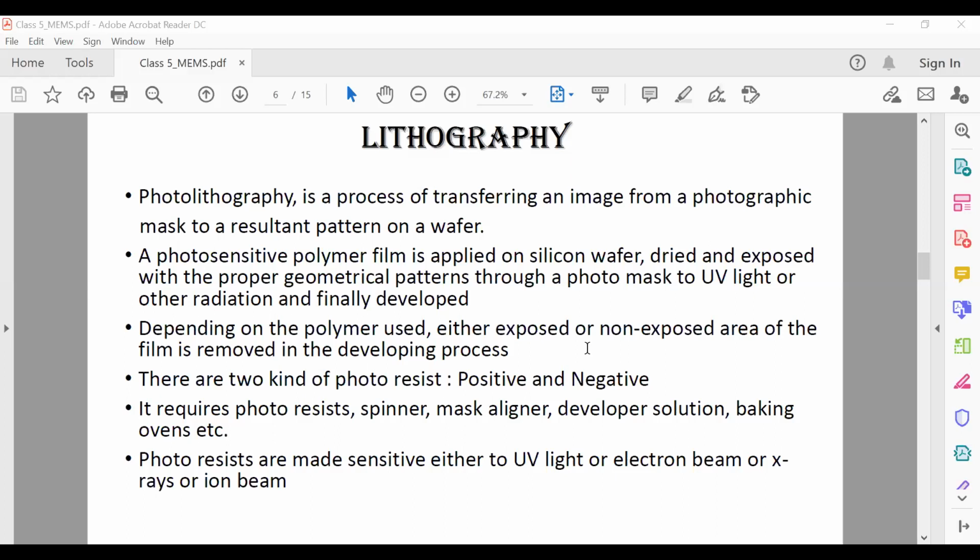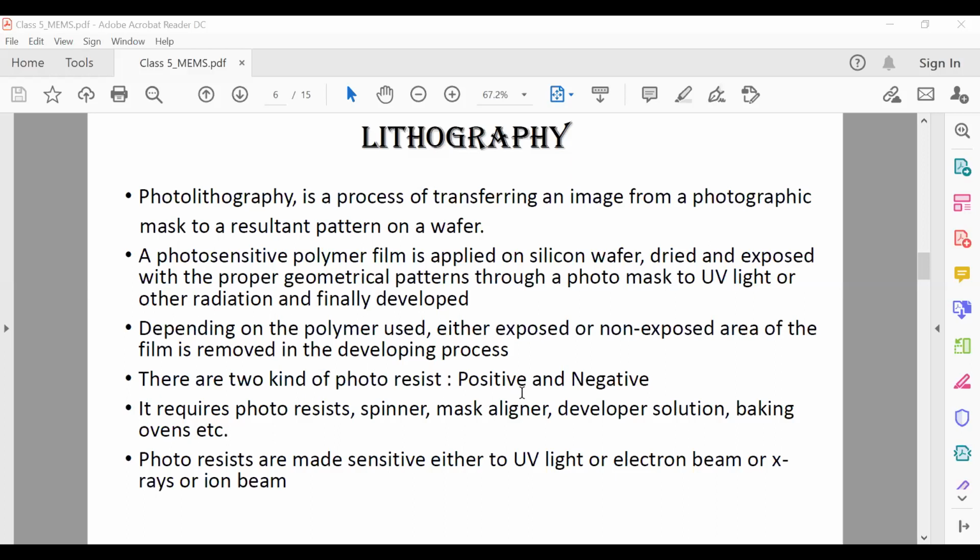Now in some cases after exposure we will see that this photosensitive polymer film has been hardened and is very difficult to dissolve in the developer solution. So there are two kinds of photoresist. One is positive and another is known as negative photoresist.